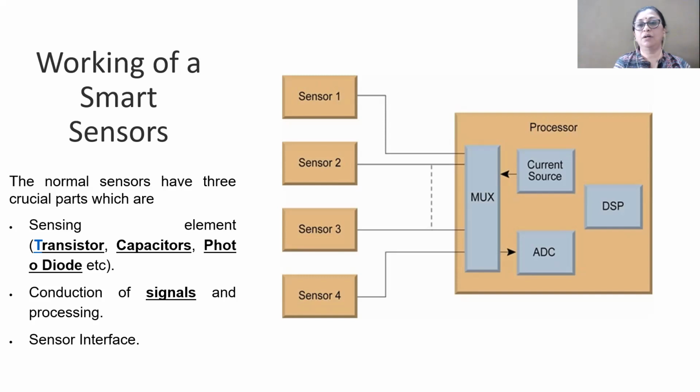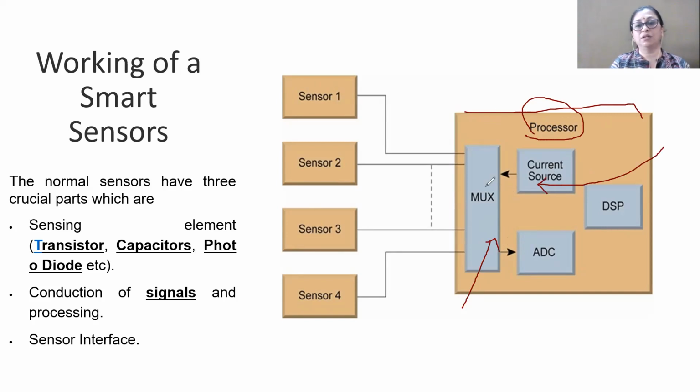Now, if you observe here, three important blocks are available in your interface. The whole of this is called the processor of the sensor, and it consists of a multiplexer, which requires a current source.